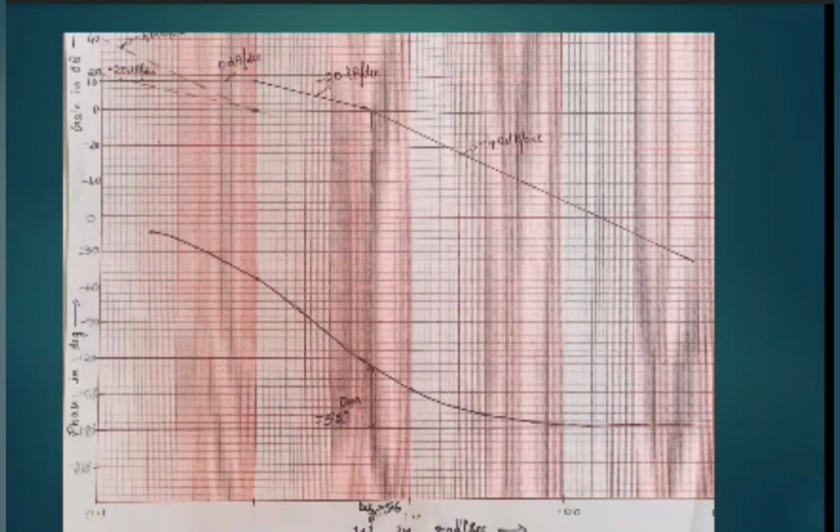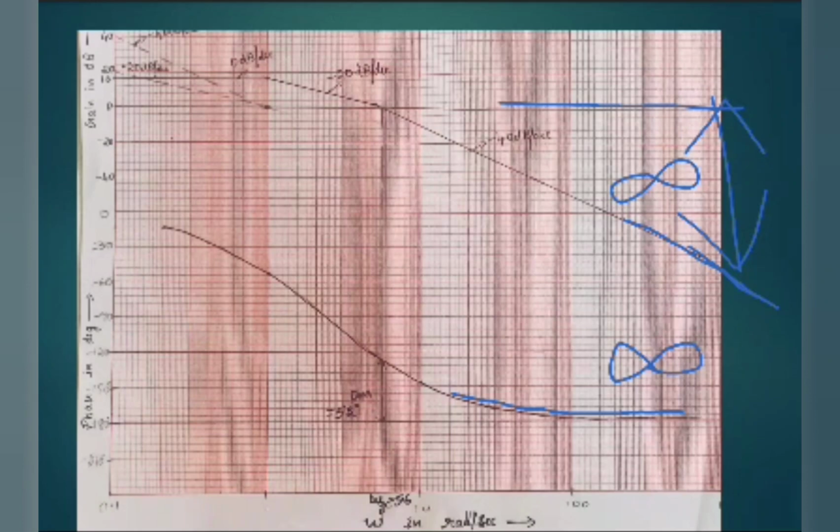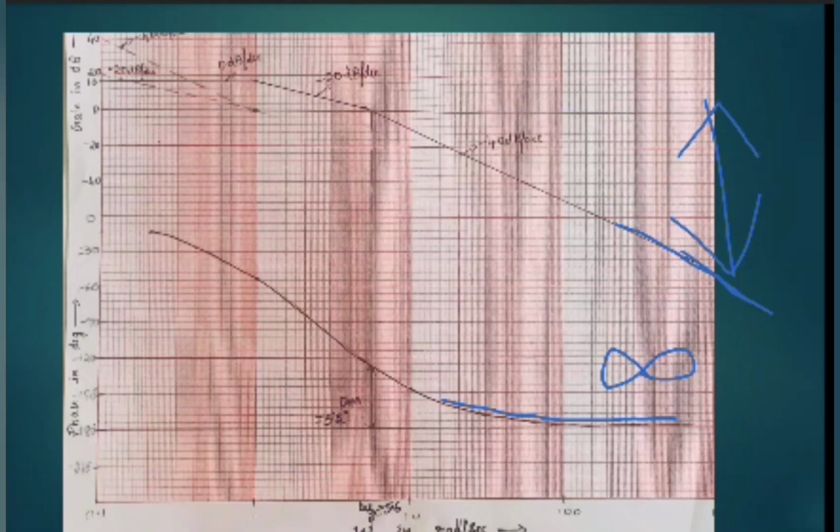So in this graph, if you observe, the phase will not touch the minus 180 degree line. At some infinite point, it will reach minus 180 degree. So this graph keeps on increasing and we can tell that when it reaches that infinite point, the gain margin value, right from the 0 decibel line, would also be infinite.